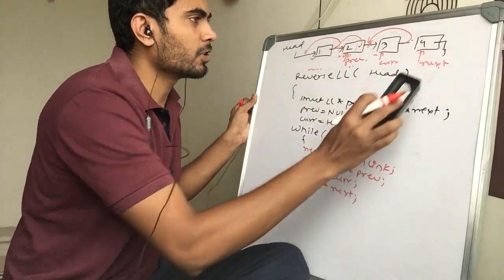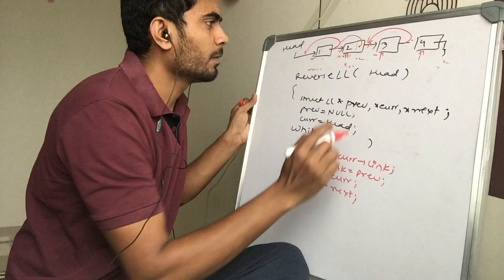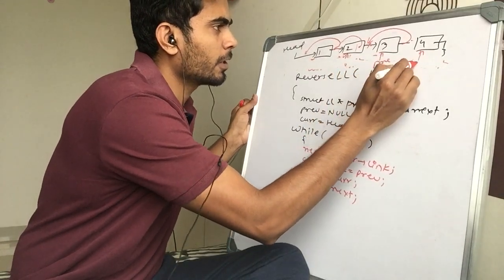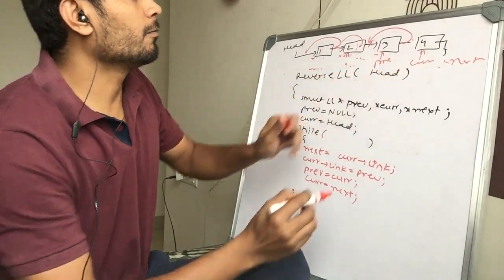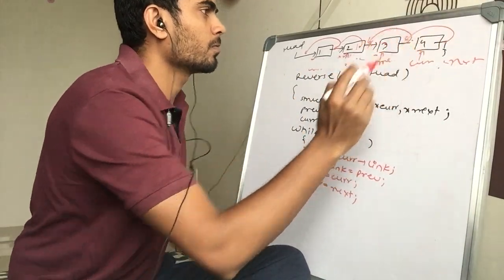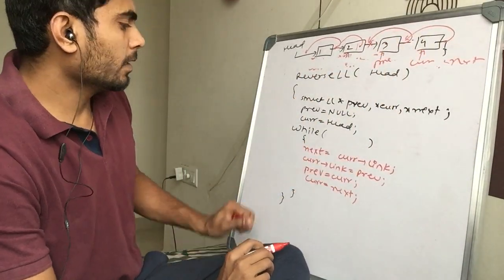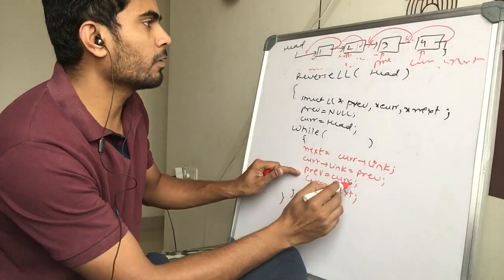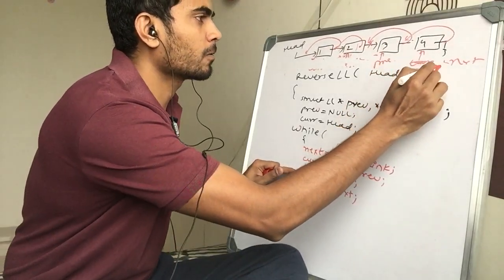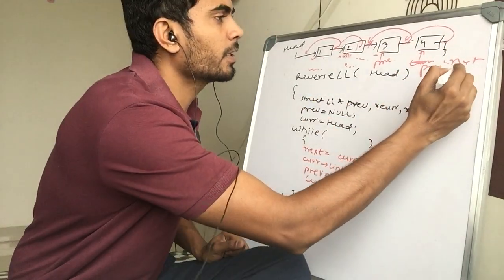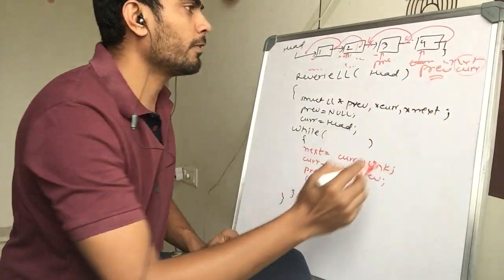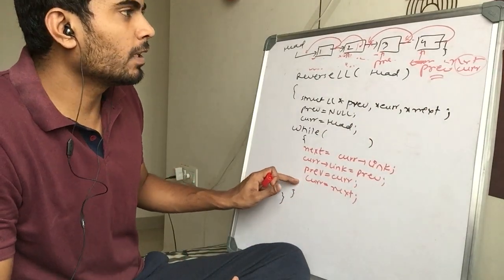And in the final iteration, previous would be here, current would be here, next would be null. In this iteration previous will be current, so previous will come here, and current will be next. So at the end of the final iteration, current and next both will be null.